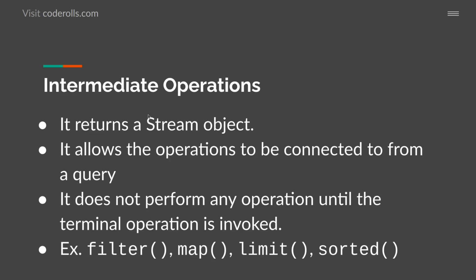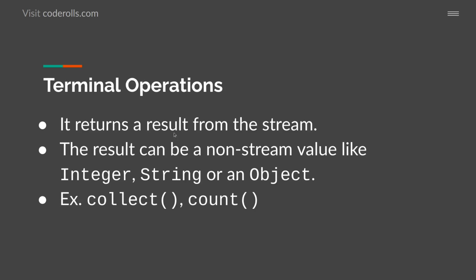And terminal operations will provide a result, and will not return a stream, because these operations end the operations query and provide the result. That result can be anything like an integer, string, or object. The examples for terminal operations are collect, count, get. These types of methods are examples of terminal operations.